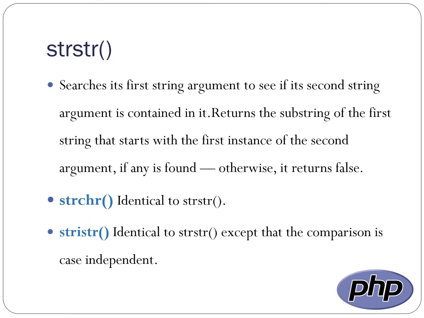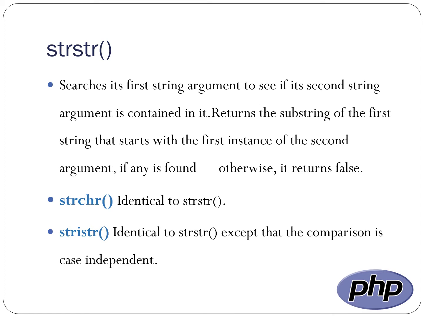Another function in string manipulation in PHP is strstr. Strstr searches its first string argument to see if its second string argument is contained in it. So strstr is a searching function which mainly takes 2 arguments, the first a string value and the second another string value.